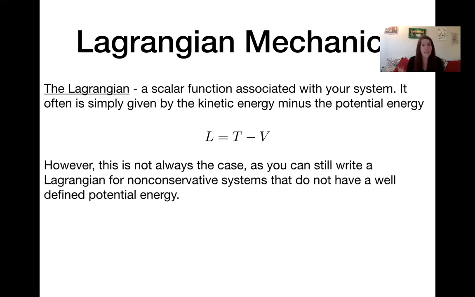Now, not all systems have well-defined potential energies, right? If we have a system with non-conservative forces, we know that we can't define a potential energy. But we'll see that there are still going to be ways to write the Lagrangian in these cases.